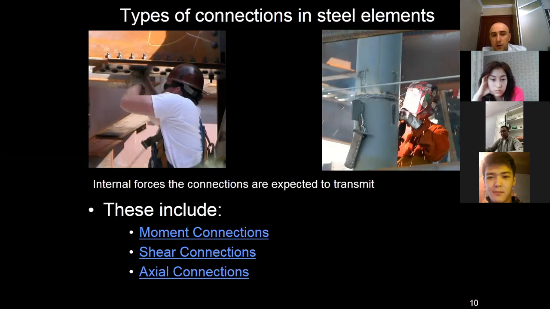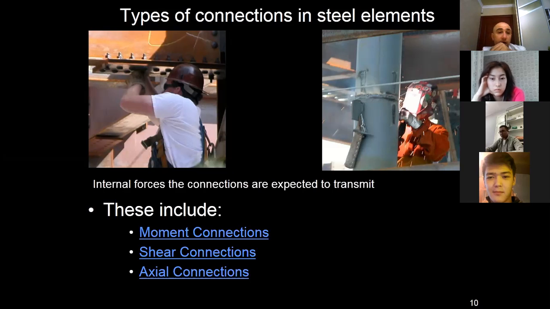One of the most important considerations when we design the steel connection is that we need to base it on internal forces in the connection and how they will transmit all the loads.